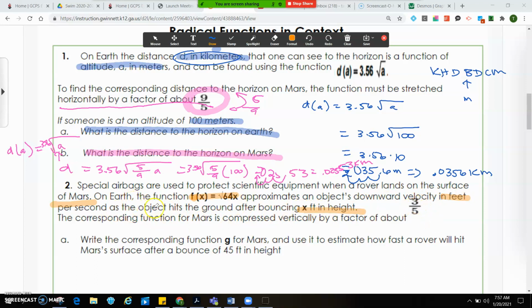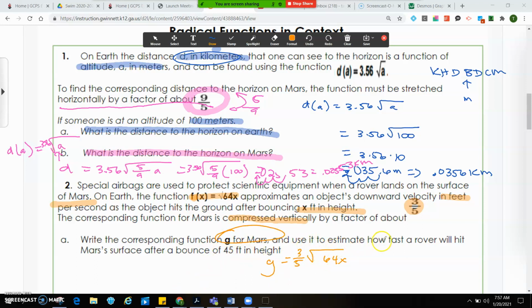Okay, the corresponding function for Mars is compressed vertically by a factor of 3/5. So what you're going to do here is take the original function, and this is compressed vertically, so you're going to take this 3/5 and throw it out front. And that is what our function g is.